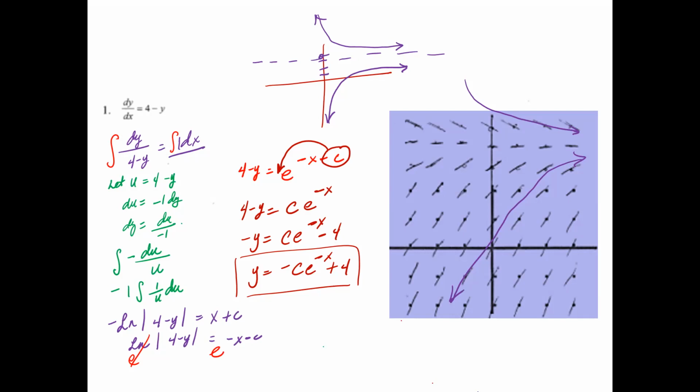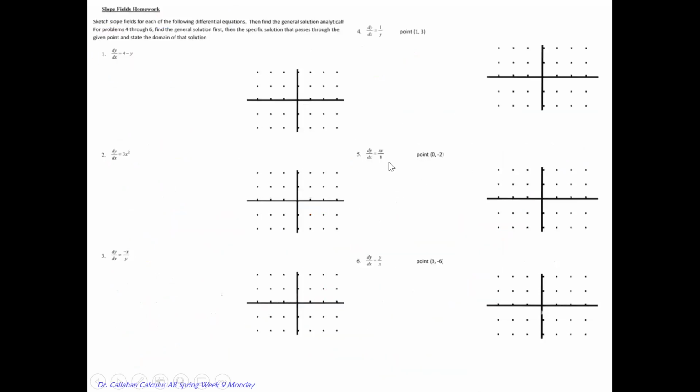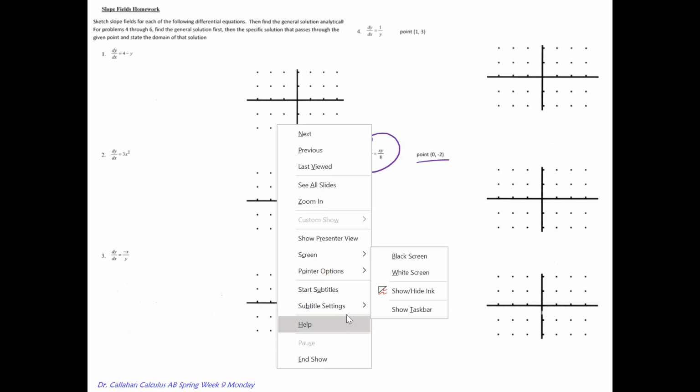All right, let's go ahead and have you do number 5. So give number 5 a try. And notice here with number 5, they actually give you a point, whereas with 1, 2, and 3, they did not do that for you. Pause the video.